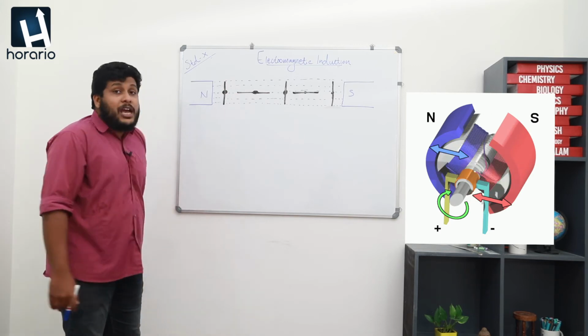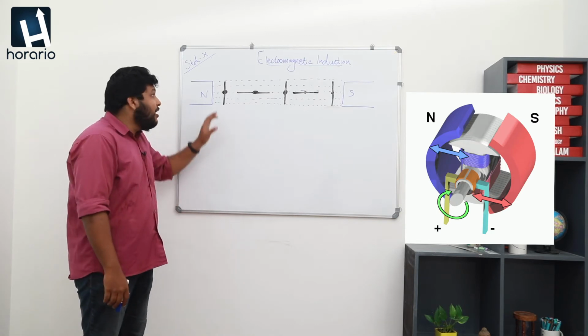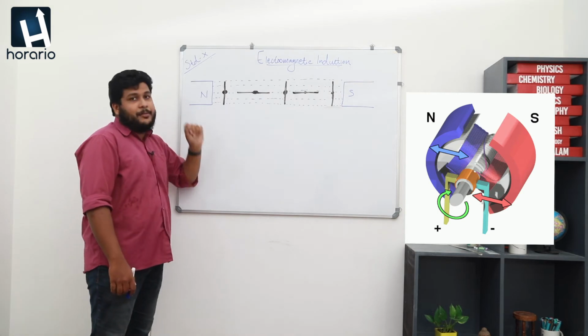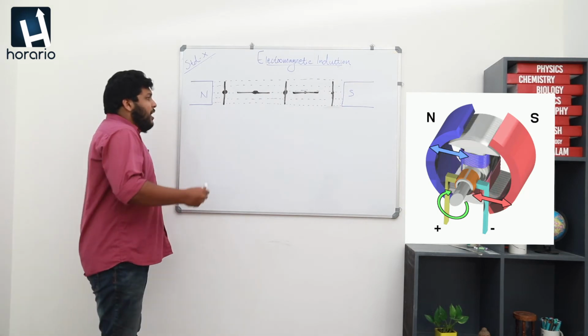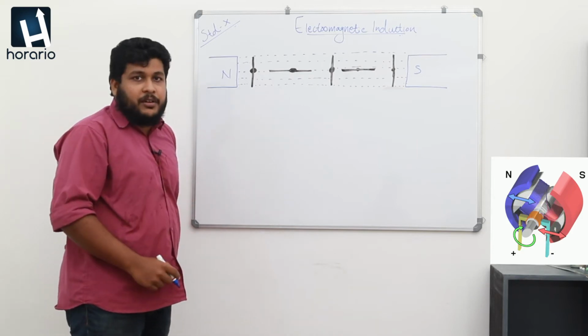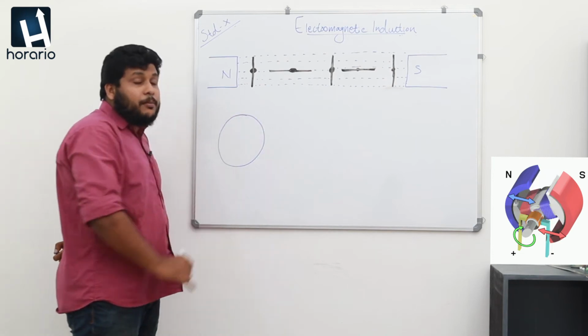The first thing we want to note is that we want to create a maximum flux linkage with the armature. Here we know that the armature is in rotational motion, which means the rotation will always lead to a circular motion.